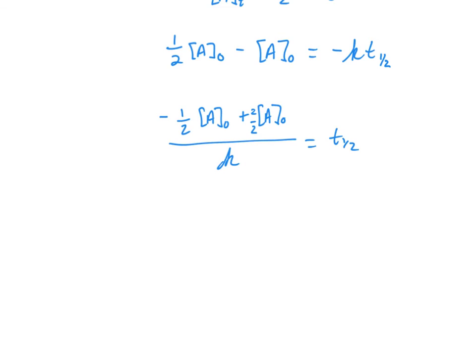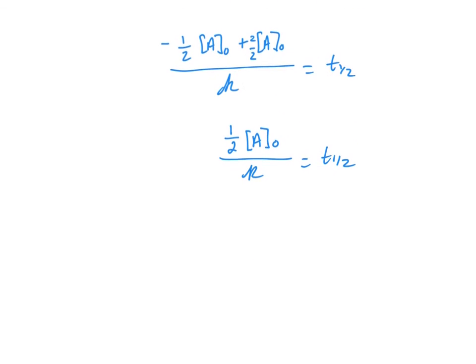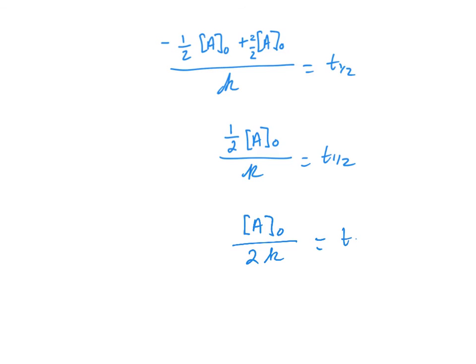And from this, we can see that we'll have in our numerator 1/2 A at time 0 divided by K is equal to T 1/2. And just to make that a little bit prettier, we'll write A at time 0 over 2 times K equals T 1/2. So for zero order reactions, the half-life is directly proportional to the initial concentration of reactant.